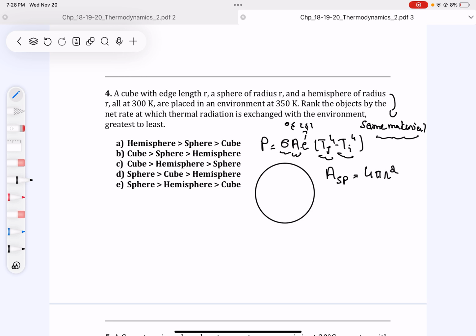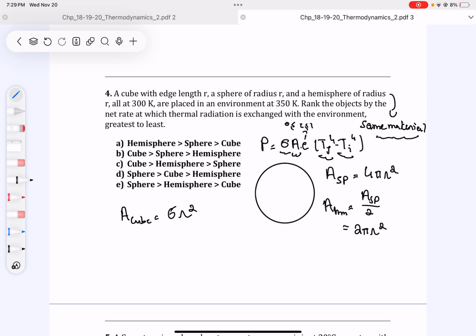The area of the hemisphere, let's name it like this, is just half the area of the sphere. That's 2 pi r squared. The area of a cube is just 6a squared, which is 6r squared.